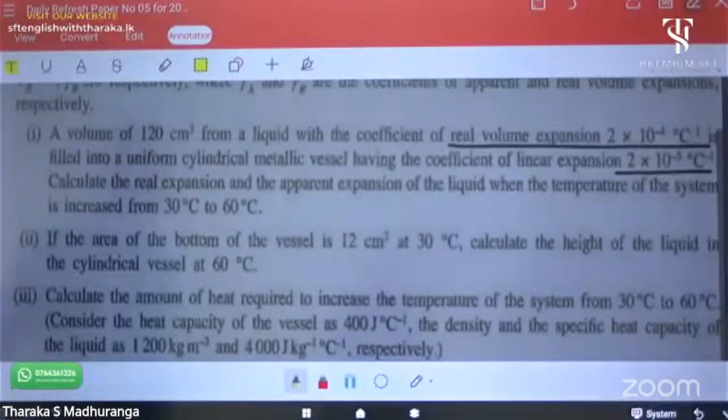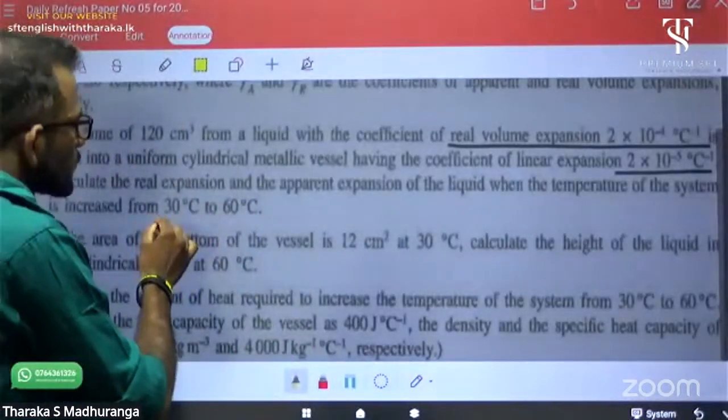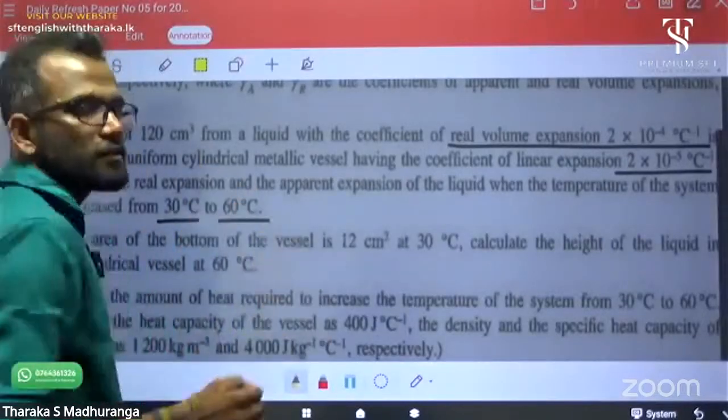Calculate the real expansion and the apparent expansion of the liquid when the temperature of the system increases from 30 Celsius to 60 Celsius.